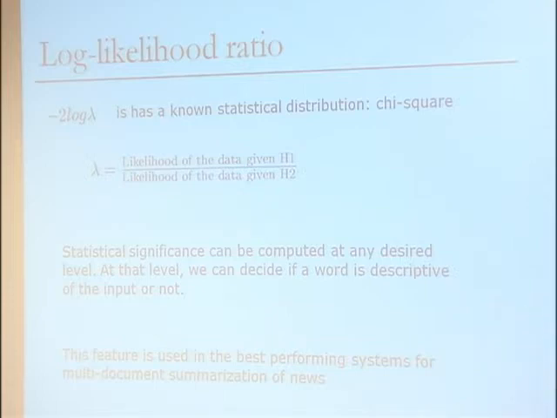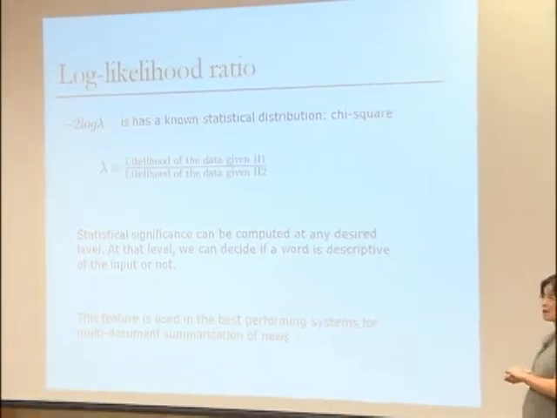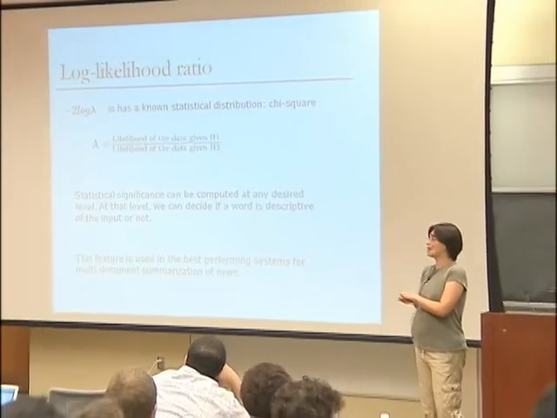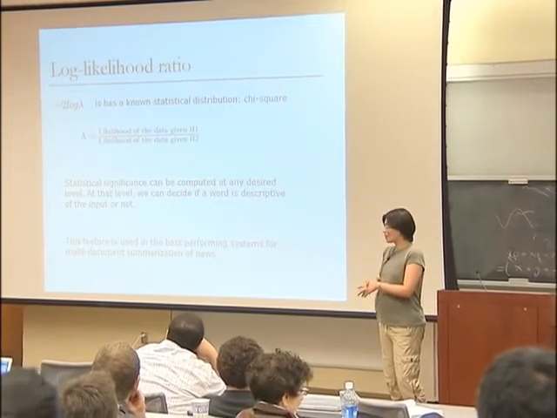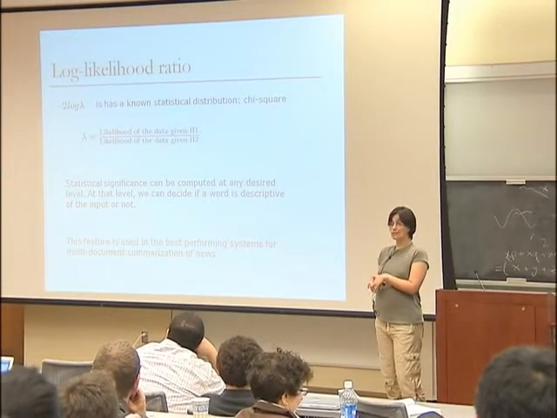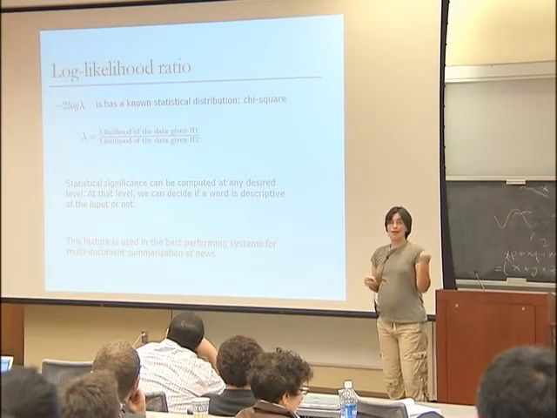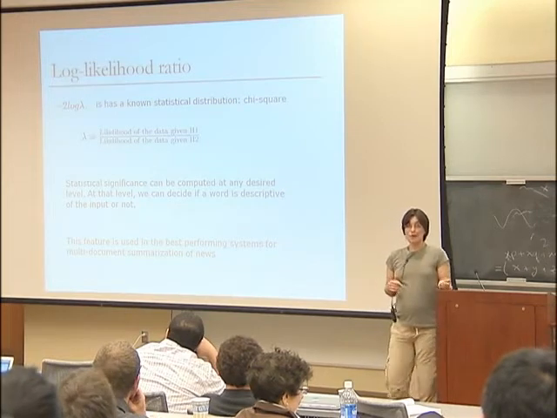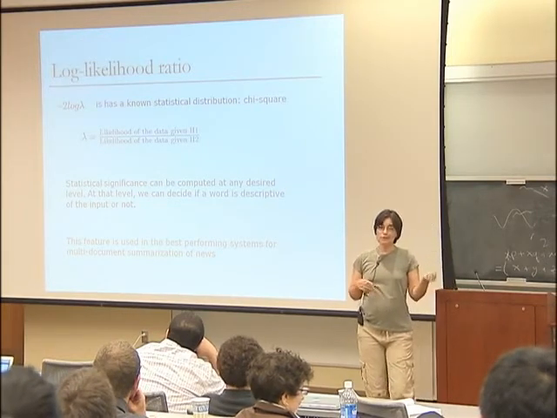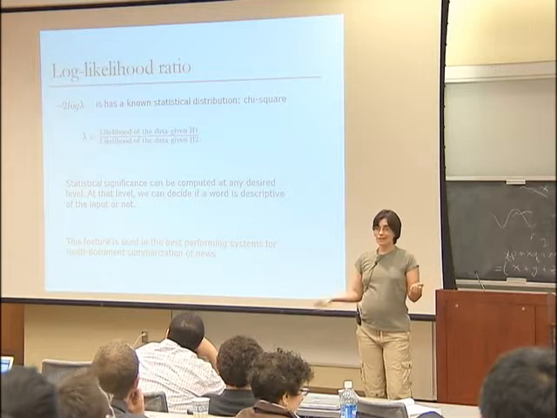And what you want is to get numbers that are unlikely to happen by chance, right? And if you get a quantity that's unlikely to happen by chance, you can say, hey, I'm done. I now have a term that I know is associated much more strongly with my input than with any other text.